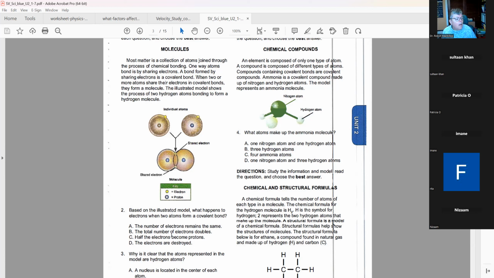So based on the model, what happens to electrons when 2 atoms form a covalent bond? What happens to our electrons? Those are our yellows. They stay the same, don't they? We've got 1 here, 1 here.